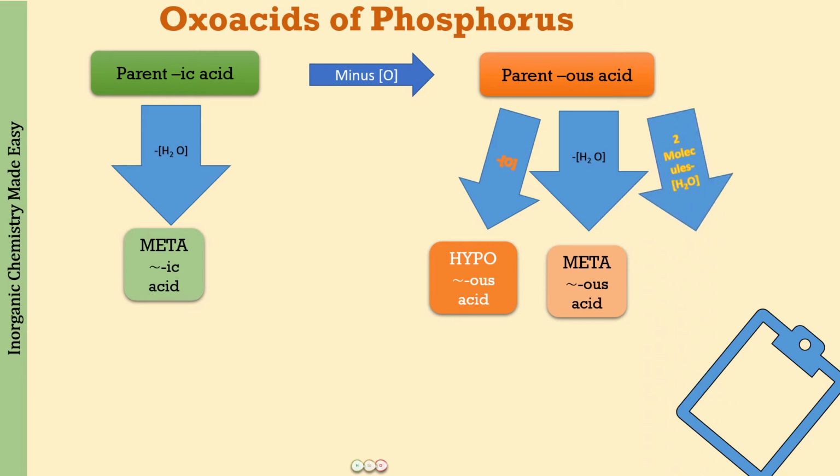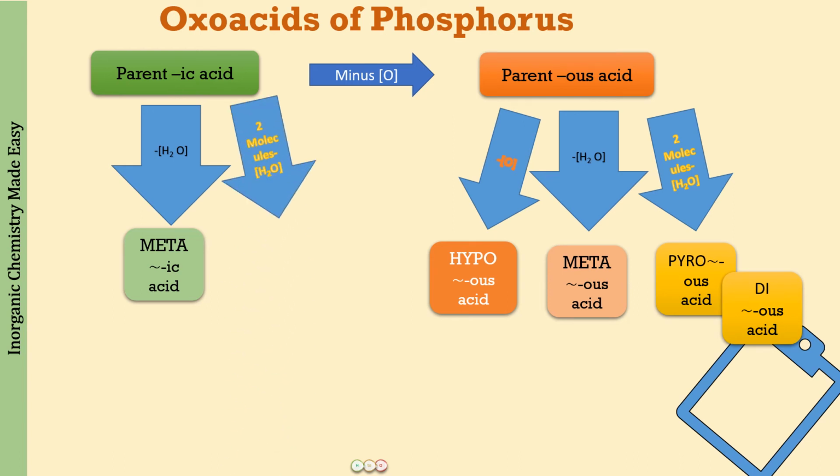Similarly, if you take two molecules of this per-ous acid and subtract one H2O from that, what you will be getting is a pyro-ous acid, also called a di-ous acid. In the same way, for the per-ic acid, if you take two molecules of it and minus one H2O, what you will be getting is a pyro-ic acid or a di-ic acid.